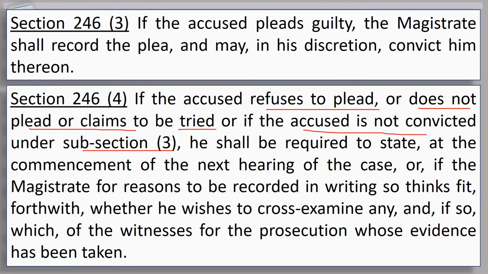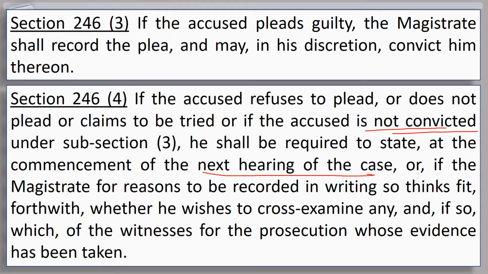So subsection 4 informs us, in such a condition where the accused refuses to plead guilty and claims to be tried, or in the third option where he pleads guilty but the magistrate has not convicted him, then the accused shall be asked on the next hearing which witness of the prosecution he wants to take up for cross-examination.